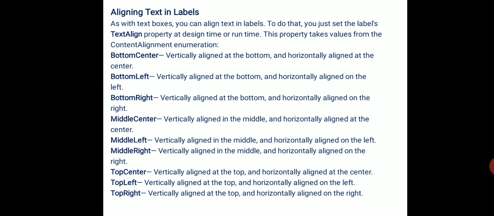TopCenter: vertically aligned at the top and horizontally aligned at the center. TopLeft: vertically aligned at the top and horizontally aligned on the left. TopRight: vertically aligned at the top and horizontally aligned on the right. So these are the enumerations for aligning text in labels.